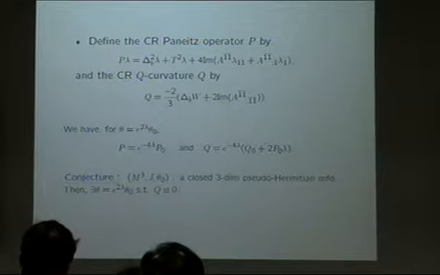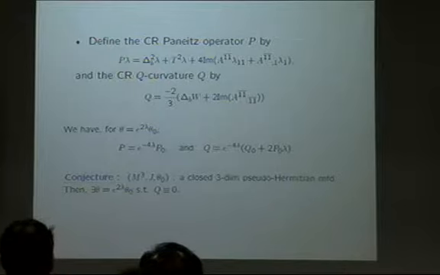That is, if we consider a conformal change like this, then the CR Paneitz operator and Q-curvature are deformed by this formula. And this transformation law is quite similar to those of the Laplace operator and scalar curvature on two-dimensional surfaces.